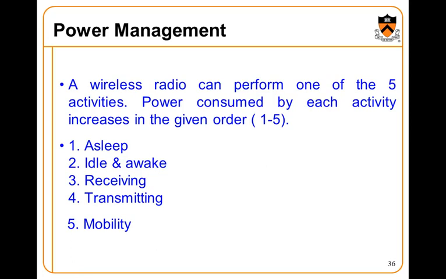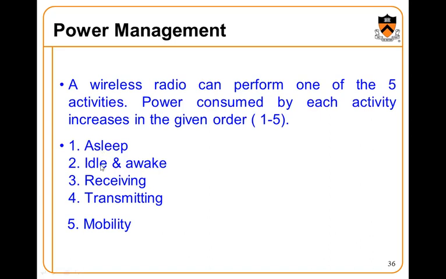Now moving toward the power management capabilities of these wireless nodes, a wireless radio can perform one of five activities. And look at this, the power consumed by these activities increases in a given order. For example, you can see the sleep mode of a node.